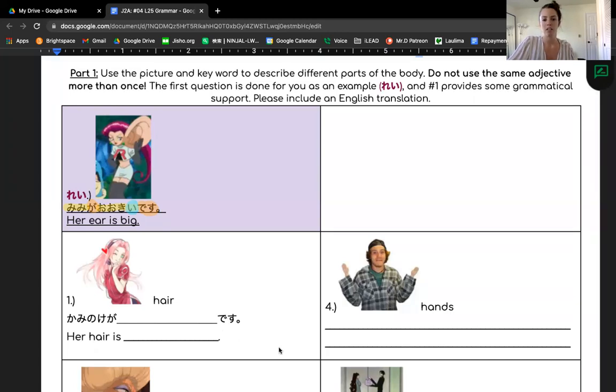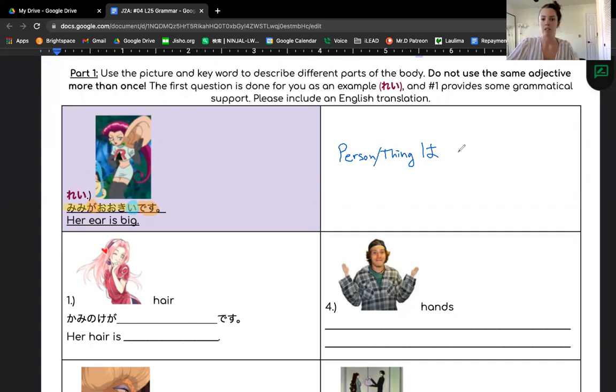So the grammatical structure that we're going to be using is, we can modify this a little bit. So there's going to be the person or the thing, and whatever owns or has that part of the body that we're describing is going to be paired with particle wa. This is our topic particle.